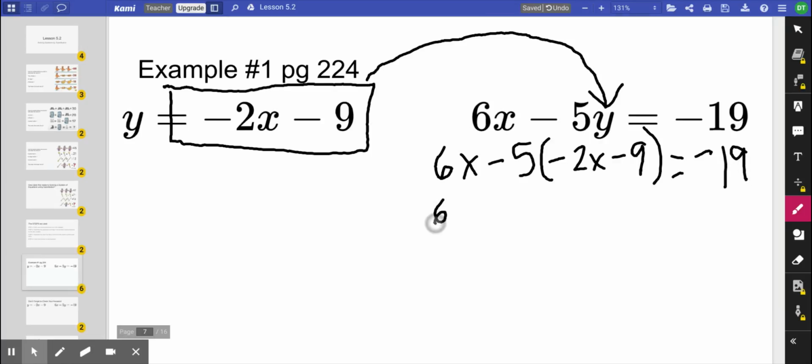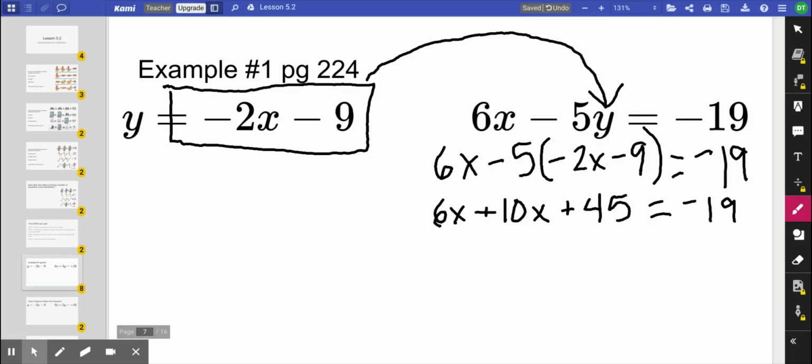So I just dropped down my 6x, and now I'm distributing that negative 5 through the negative 2x minus 9. And so I have negative 5 times negative 2. Negative times the negative is a positive, so I get a plus 10x. And then negative 5 times negative 9 is a positive 45. And that equals still my negative 19.